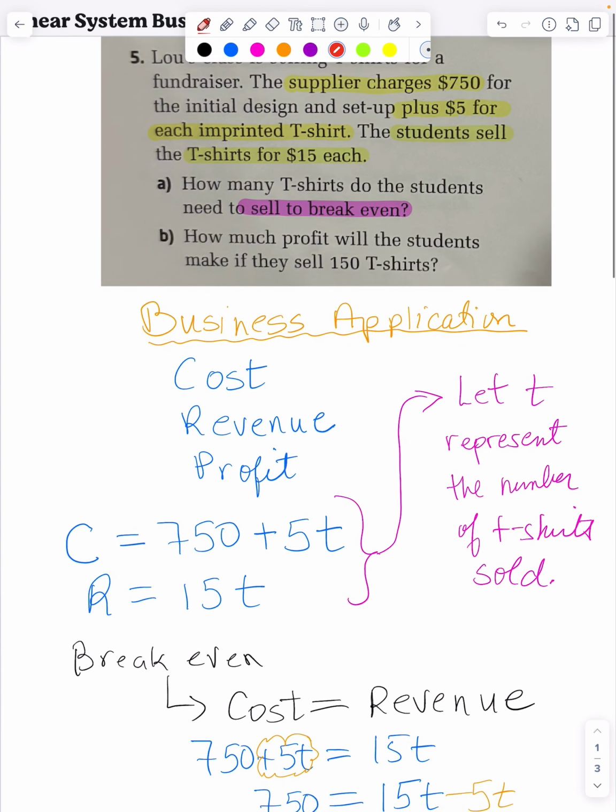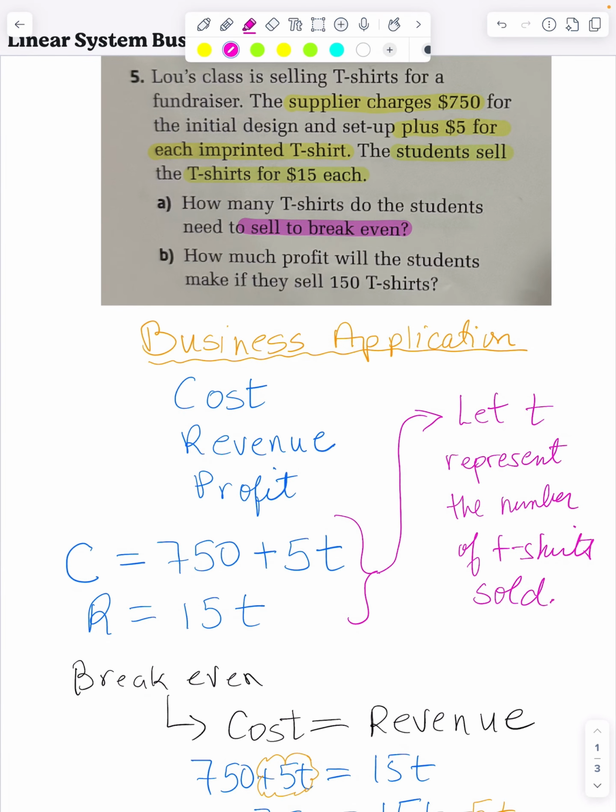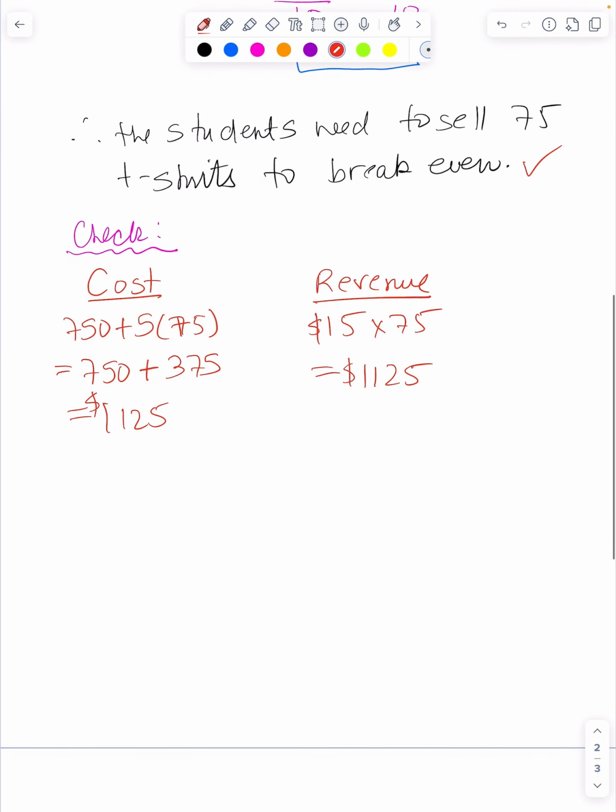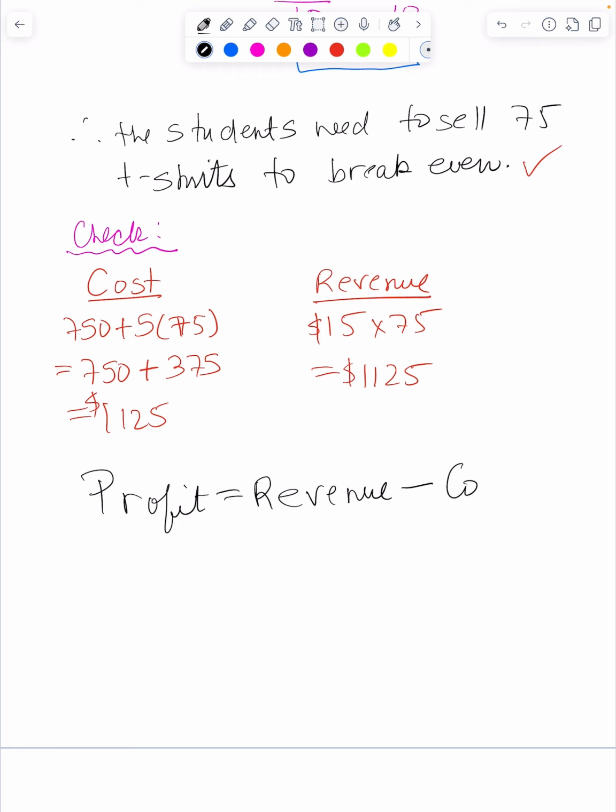Part B says, how much profit will the students make if they sell 150 t-shirts? So the profit function, that's very important for business, is going to be equal to the revenue generated minus your cost.